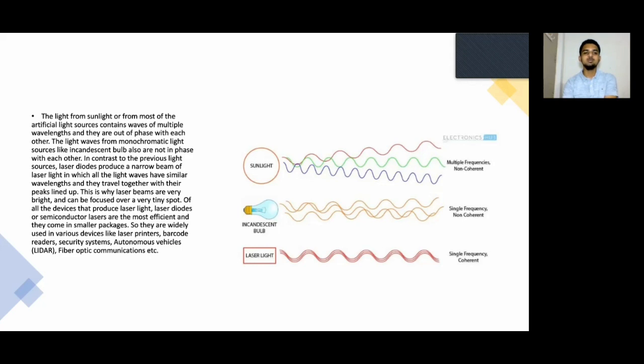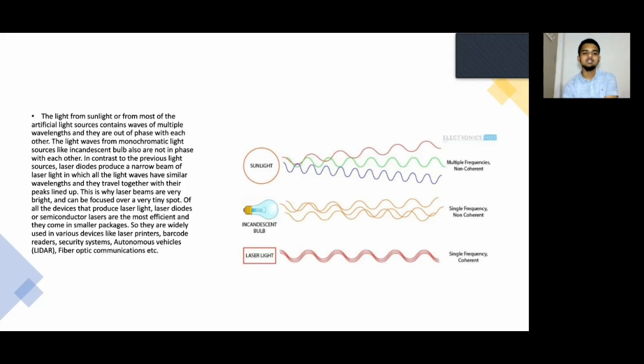In contrast to the previous light sources, a laser diode produces a narrow beam of laser light in which all the light waves have similar wavelengths and travel together with their peaks lined up. This is why laser beams are very bright and can be focused over a very tiny spot.